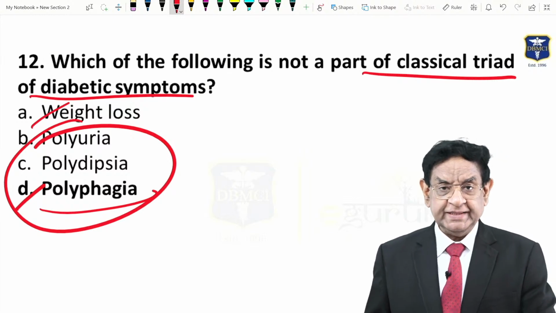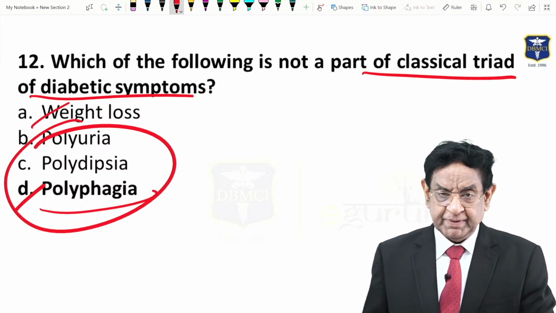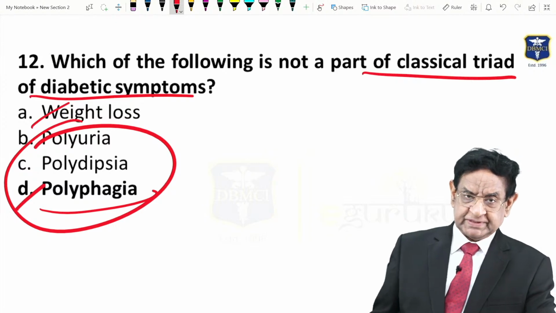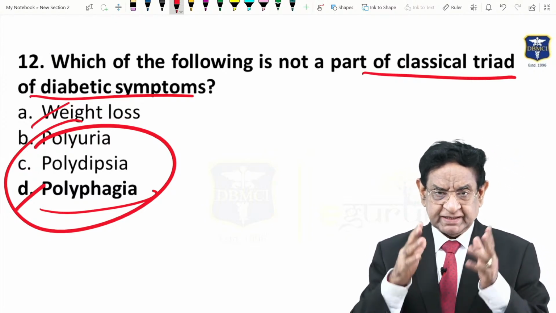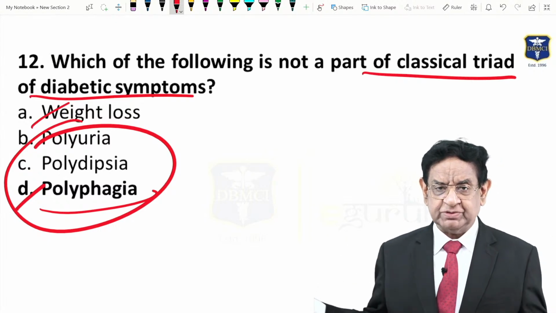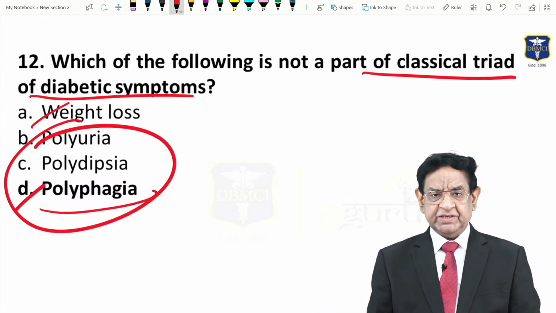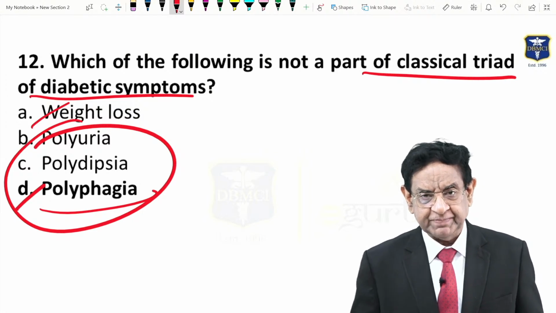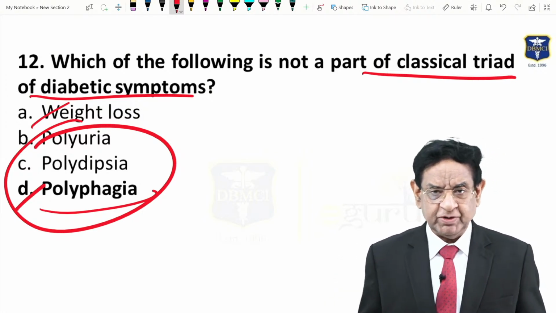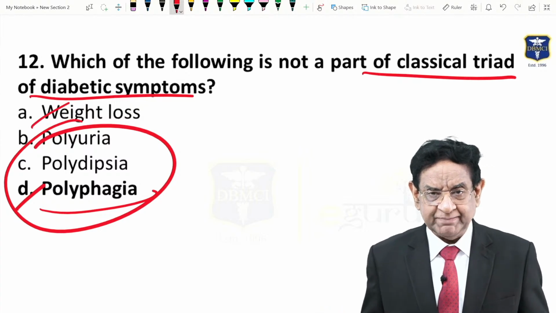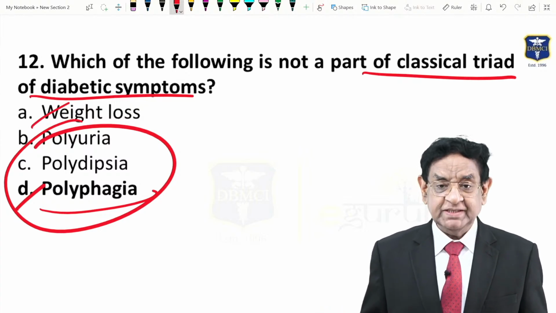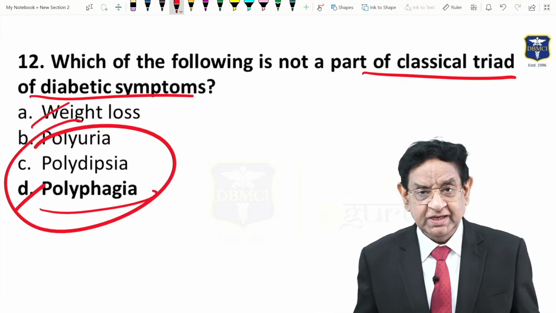Well, there was a movie called Munna Bhai MBBS, and I'm sure all of you must have seen that movie. In that movie, if you recall, there was a scene where Sanjay Dutt, the hero, is made to sit on the stage, on a table and chair. And the people ask him a question: what is diabetes? Sanjay Dutt answered like this.